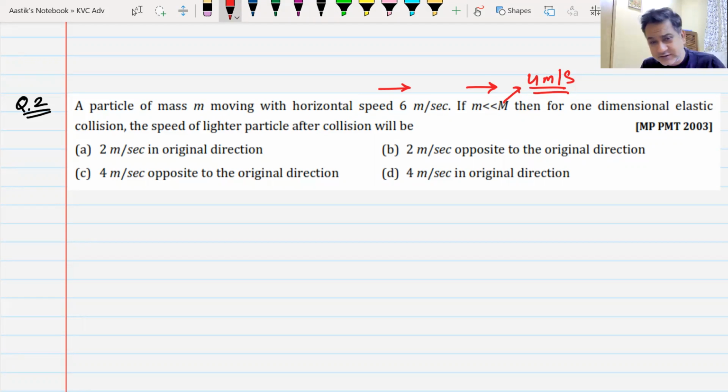Someone got the right answer, or are you all doing it? We are doing, sir. The answer is A, 2 meter per second in the original direction. How did you get it? Remember I told you that case where one body is very heavy. Yes, sir. We just need to apply this.